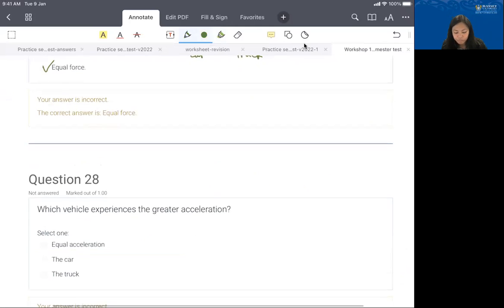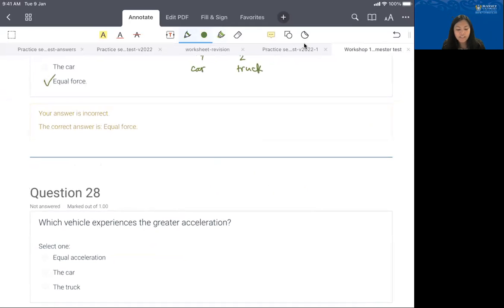Which vehicle experiences the greater acceleration? That's where the influence of the mass comes in. Newton's second law of motion says acceleration is net force over the mass. So that means if you have a small mass, that will give you a big acceleration.